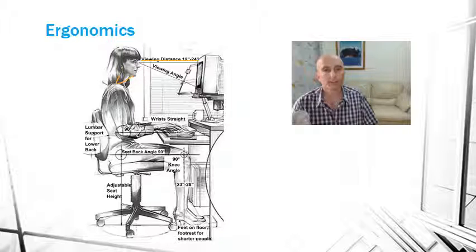You'll see there that her back is straight, that her legs are at a 90-degree angle to the floor. Also, her wrists actually sit at a 90-degree angle to the keyboard. And you may have heard of repetitive strain injury for office workers that work many hours on the keyboard, and this is a big problem in our day and age. So ergonomics is very important.